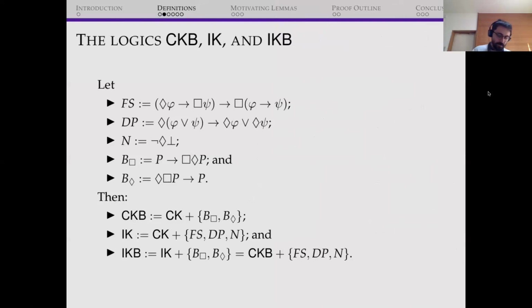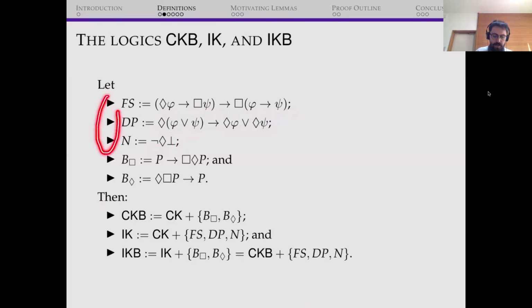Now we add a lot more axioms. First, we have these three axioms here. The first is that diamond phi implies box psi gives box (phi implies psi). We also get that diamonds distribute over disjunctions, and not diamond bottom, like it's not possible that something impossible happens.